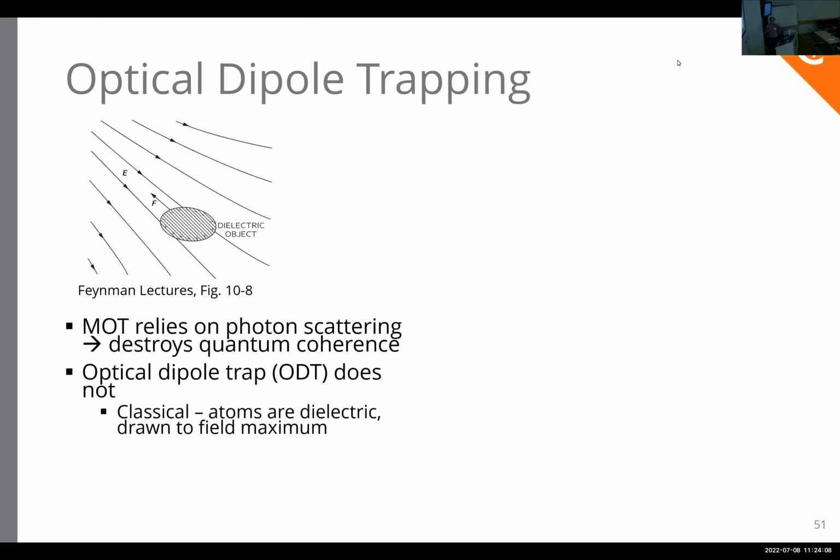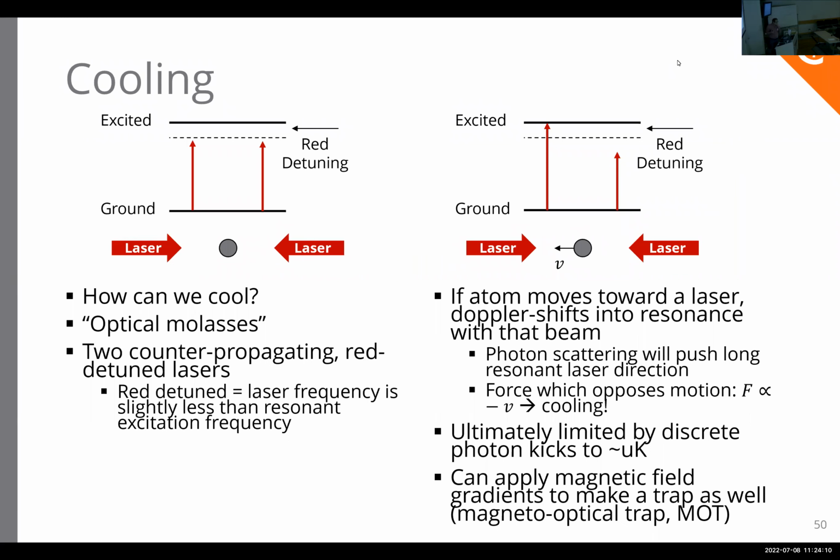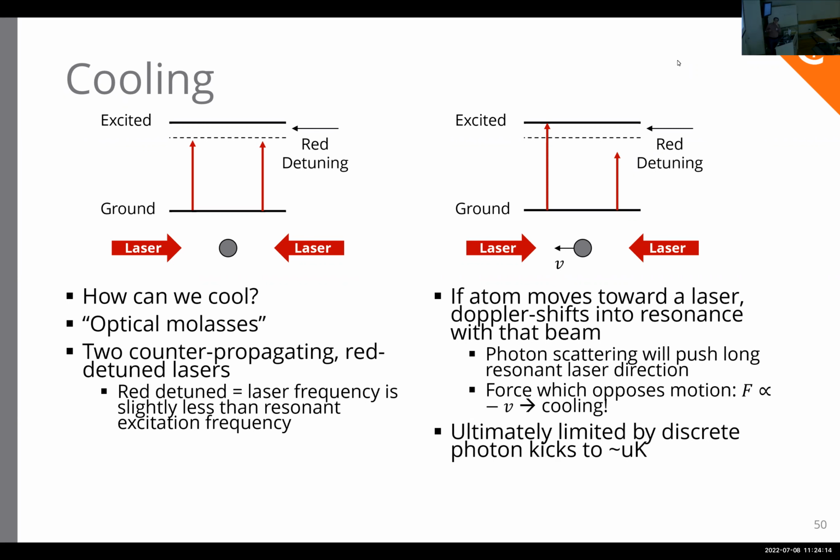So yes. I'm just wondering, what temperature do you start cooling using this method? Yeah, great question. It depends a lot on the species. For atoms, you can grab them right out of room temperature.